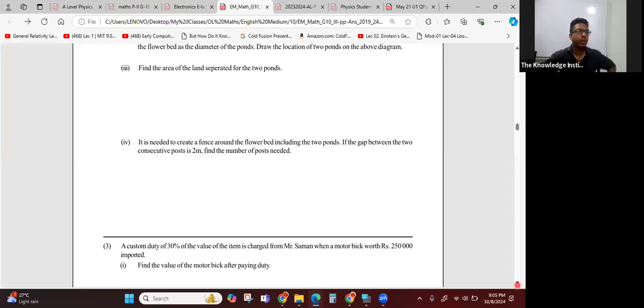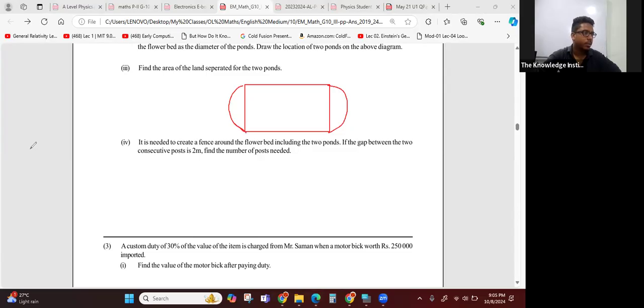Okay, so here you want to make a fence around this composite shape, right?